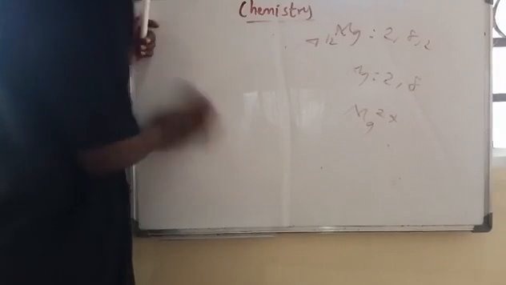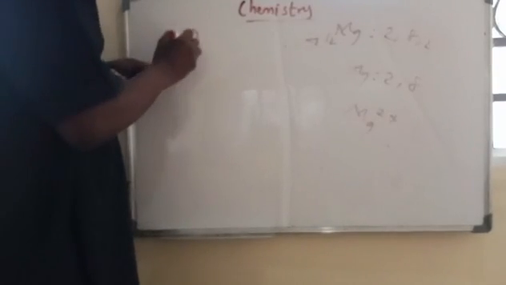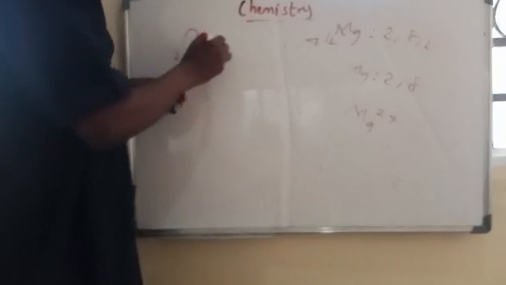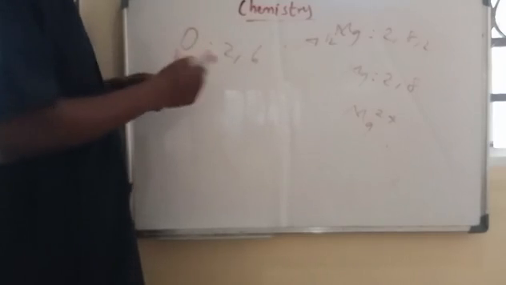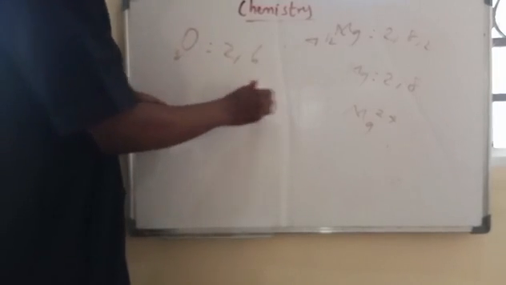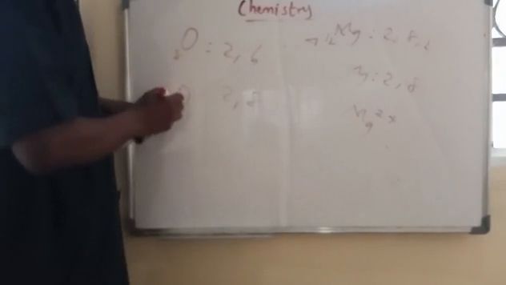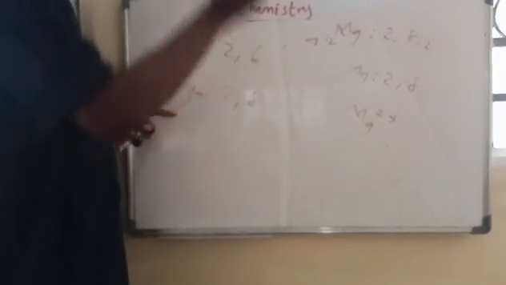For example, oxygen has 8 electrons, 2,6. If it gains 2 to become 2,8, it becomes oxygen with a 2 negative charge, because it's a gain.